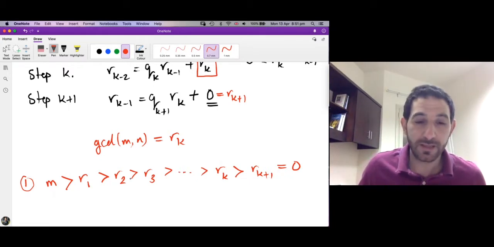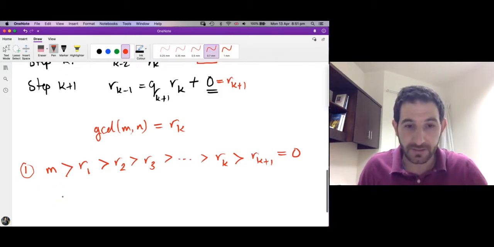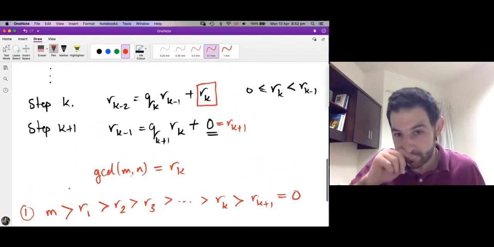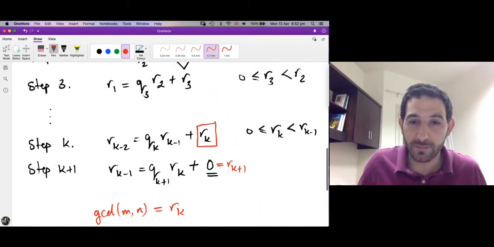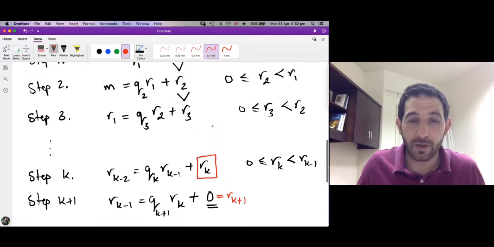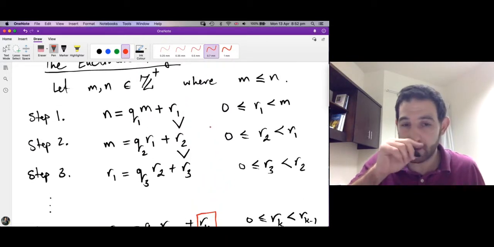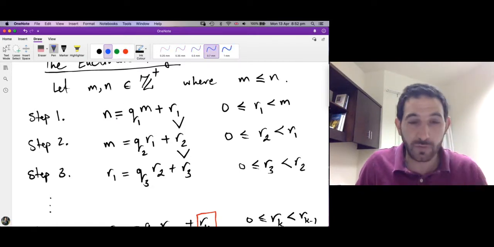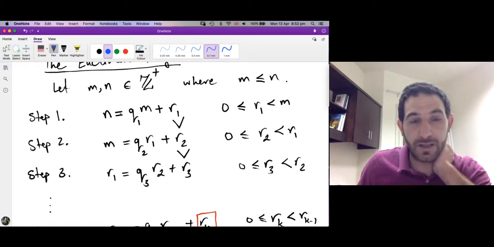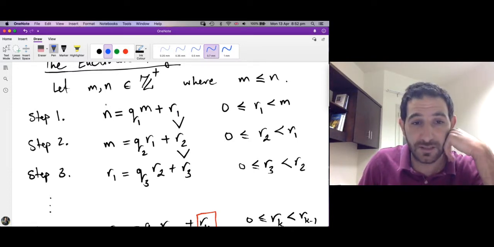Okay, now the second point, which is a little bit more unclear, is why this number is the GCD. I will tell you why now, and then we will prove it. The reason is that we want to prove that if we have numbers of this form, n equal to q1 m plus r1, then the GCD of these two is the same as the GCD of these two.